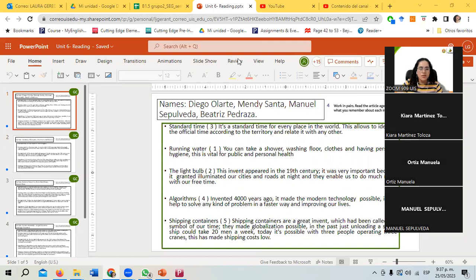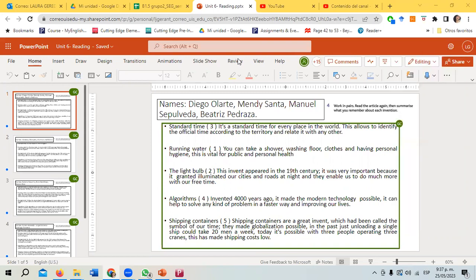Let's start. The first group is Diego, Mendy, Manuel, and Beatriz. Okay, guys, you can start. Well, teacher, in the first place, we have the running water because for us, the most basic services are the most important ones.